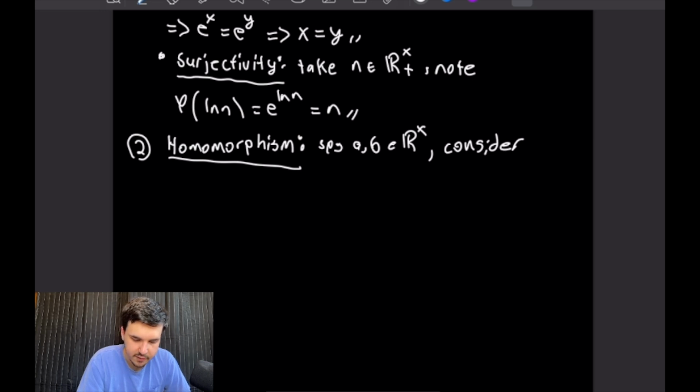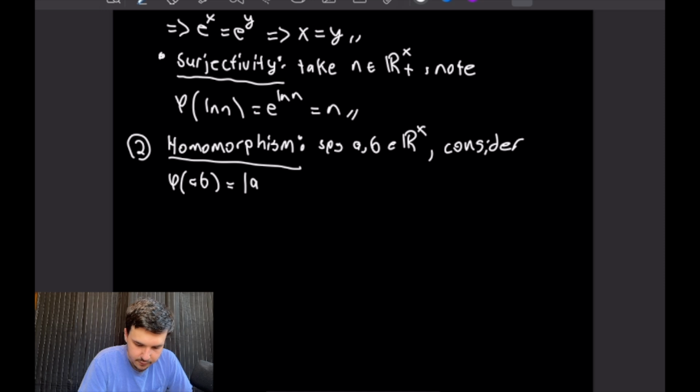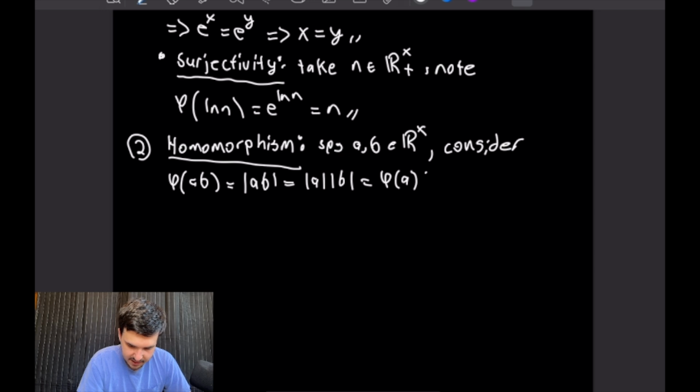In this case, our operation is multiplication, so we want to consider phi of a times b. Now, if you recall, phi maps a to the absolute value of a, so this will be equal to the absolute value of a times b, but that is equal to the absolute value of a times the absolute value of b, which is simply equal to phi of a times phi of b. Great. So that proves that we have a homomorphism here.